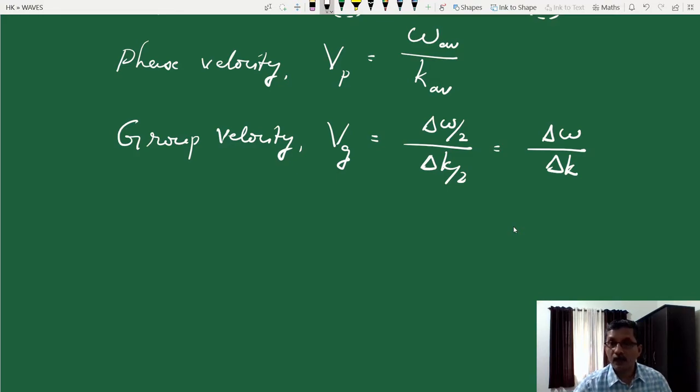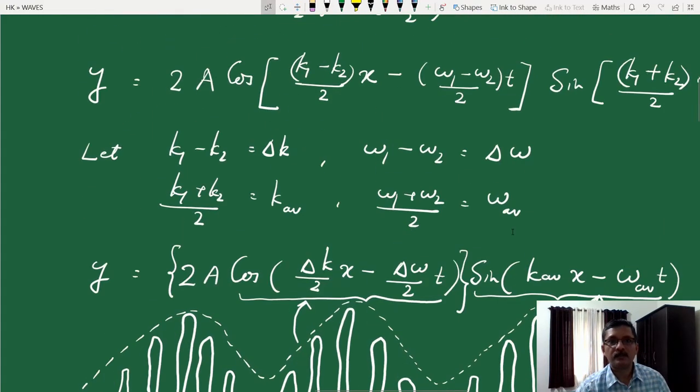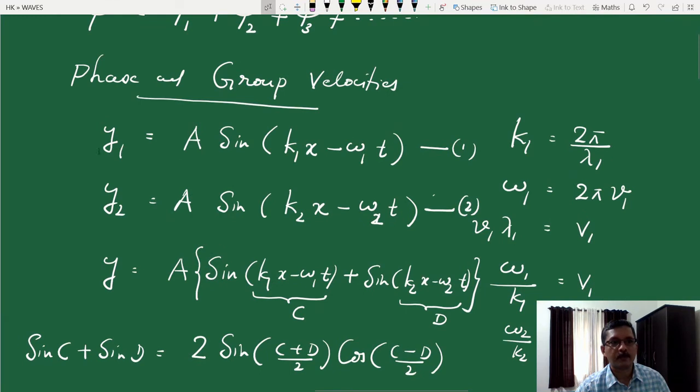Suppose we add more and more waves. So now here we consider only the superposition of two simple harmonic waves, y1 and y2. Suppose we consider more simple harmonic waves, y3, y4, y5, etc., with slightly different wavelengths. That means slightly different wave numbers k and slightly different angular frequencies omega.